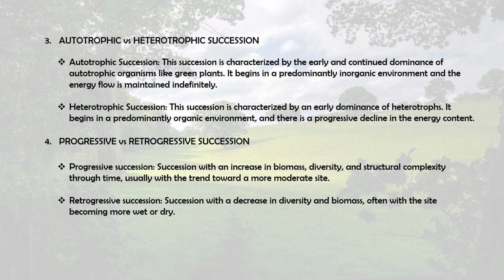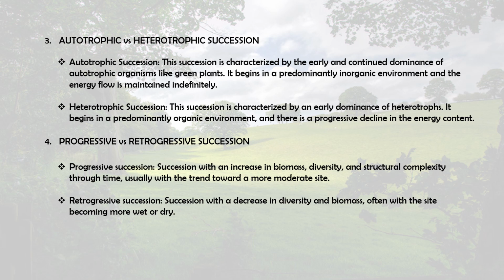Now, next one is progressive or retrogressive succession. The progressive succession gives us an increase in biomass or diversity through time, and this is usually found in moderate environments.